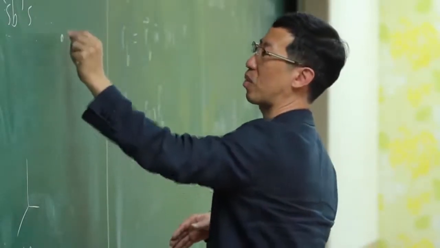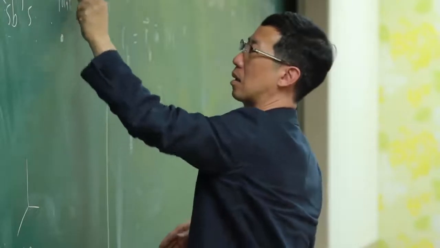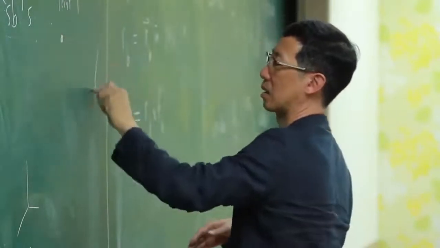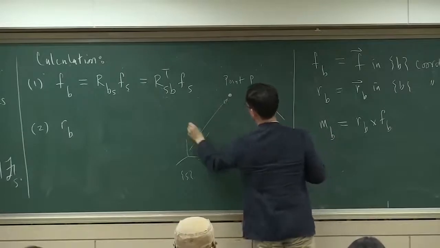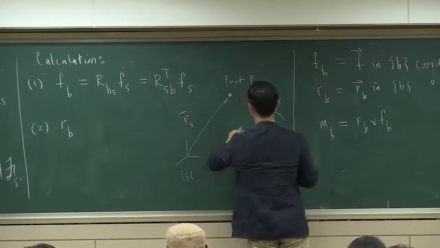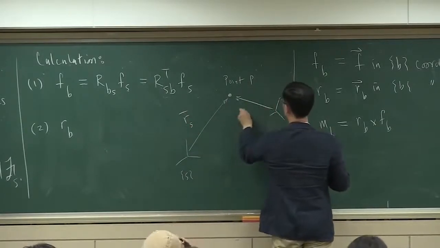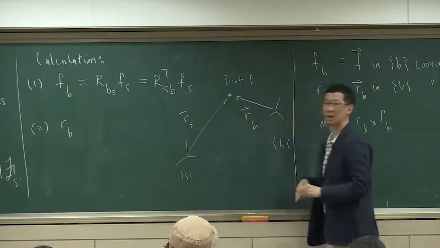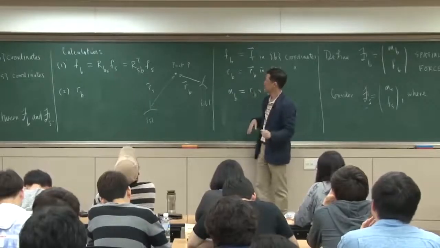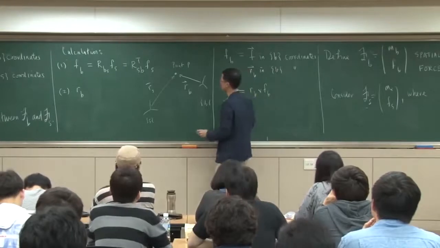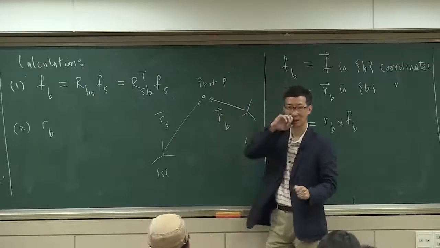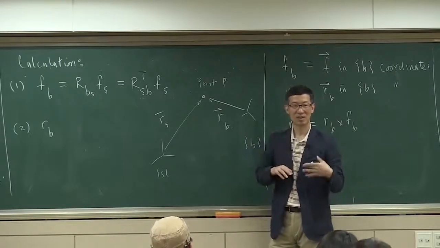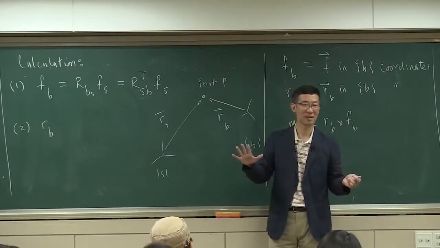Here's this point P, the point of contact. Here's the B frame. So I said this is r sub s, that's r sub b. Looking at this picture, you should have some flashbacks.